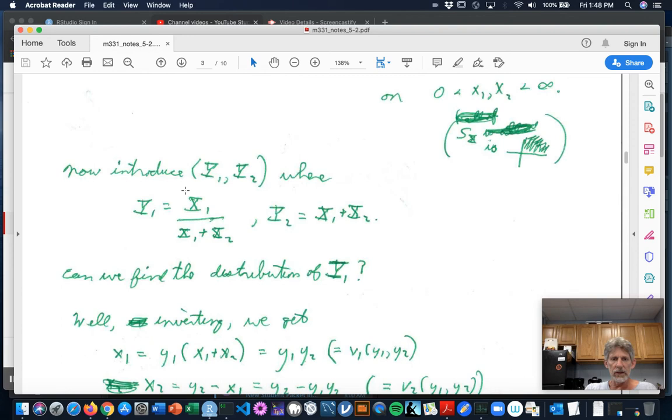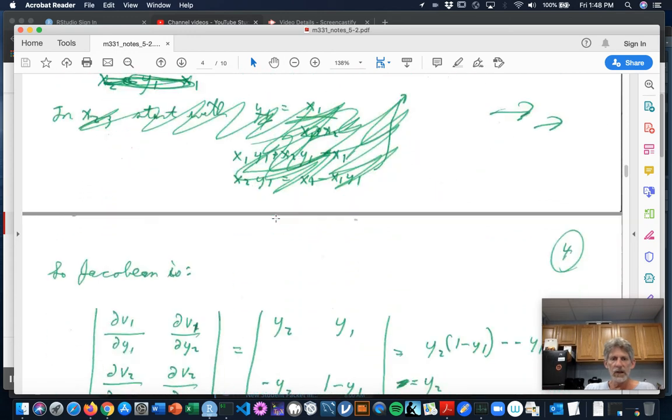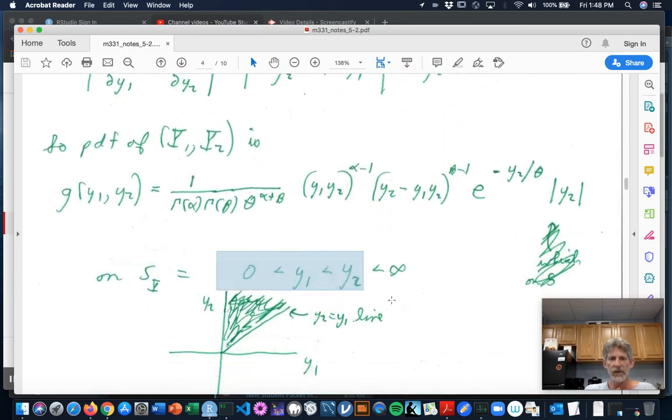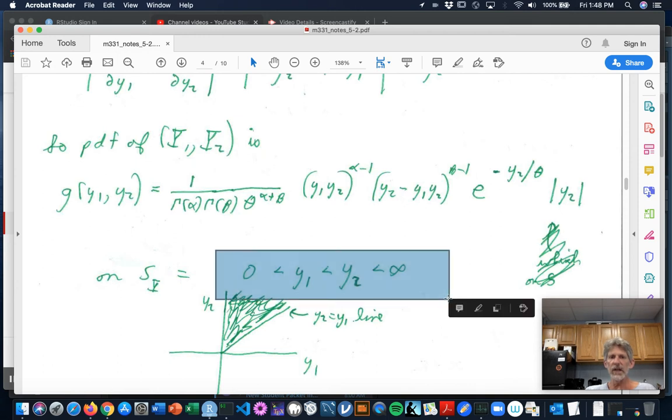And certainly y1 has got to be less than the x1, because it's x1 divided by something more than it. So the support for this new bivariate situation really is just this.